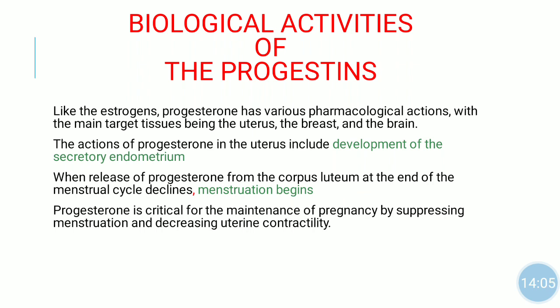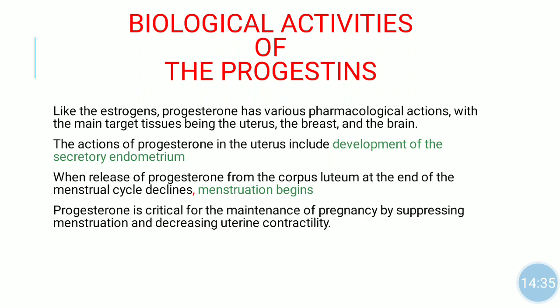Like estrogen, progesterone has various pharmacological actions, with the main target tissues being the uterus, breast, and the brain. At these three body parts, progesterone shows its mechanism of action.